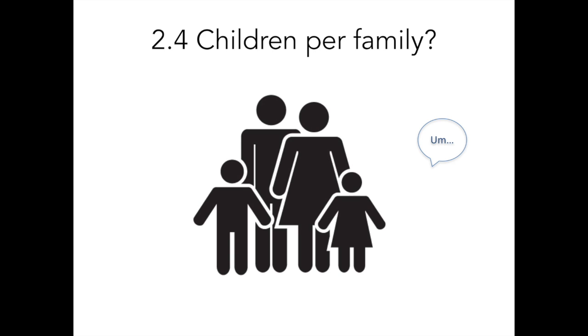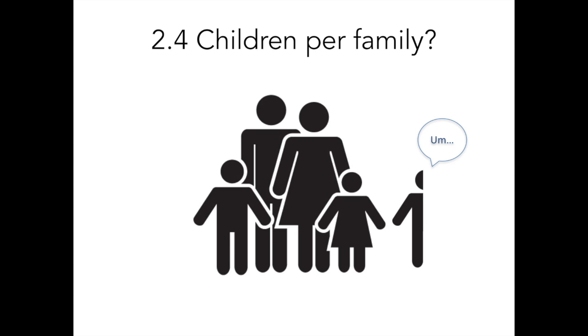Well, you may have heard that the average family has 2.4 children. Okay. And if you have an average family, you probably don't have this situation going on where you've got maybe mom, dad, sis and brother, and then 0.4 other brother.